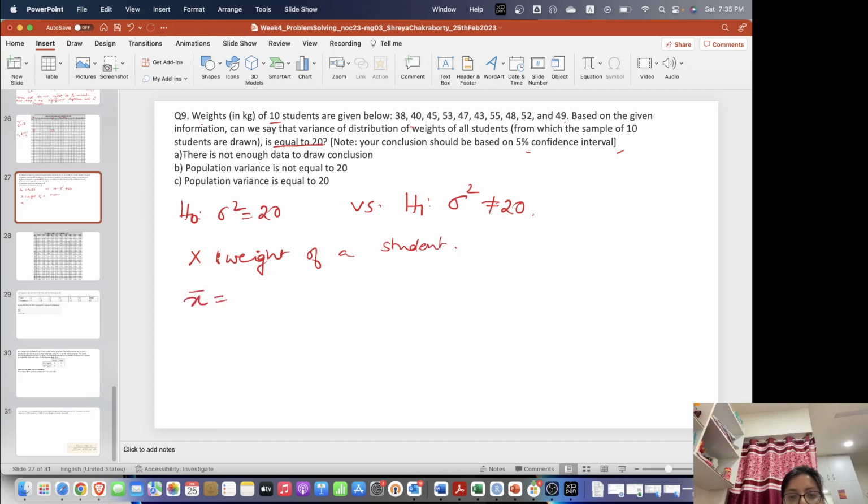Then observed x bar is 38 plus 40 plus 45 plus 53 plus 47 plus 43 plus 55 plus 48 plus 52 plus 49 divided by 10. X bar is 47.